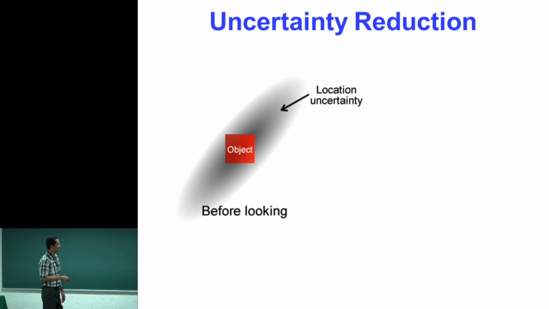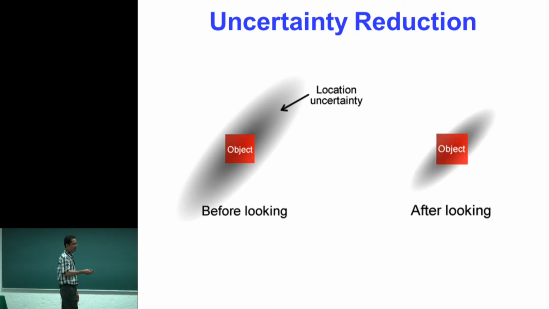Here this Gaussian represents the location uncertainty about this object. This is before looking, and then after we see the scene or we see the object, we can reduce this uncertainty about where the object is. Okay, so this is what we were trying to apply with a robot.